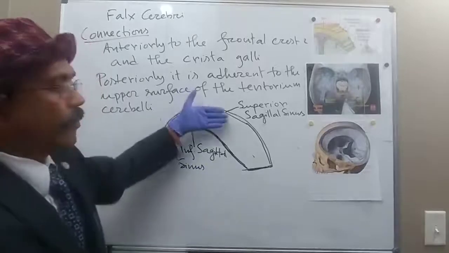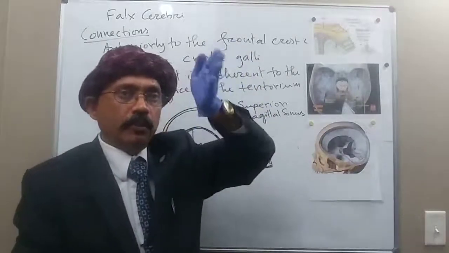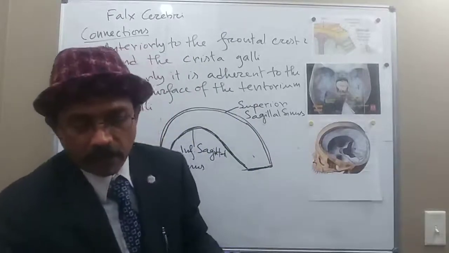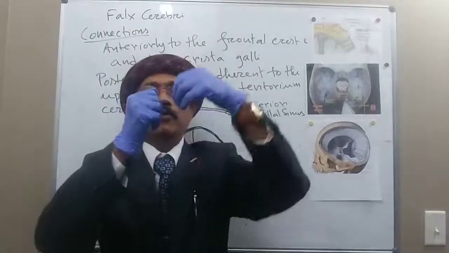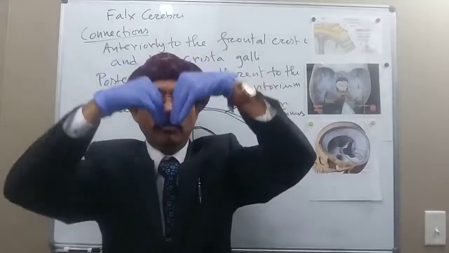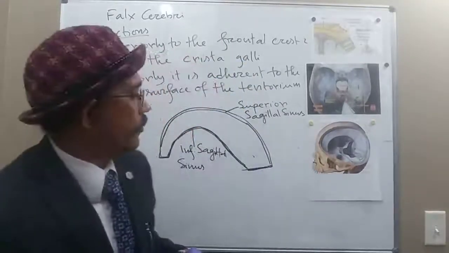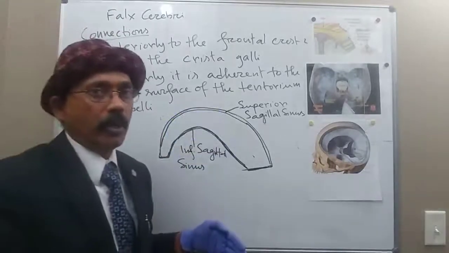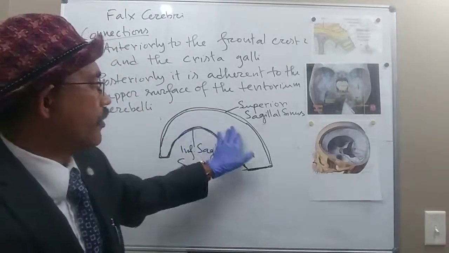And this Falx cerebri is going down between two cerebral hemispheres. If these two are cerebral hemispheres, Falx cerebri goes in between them longitudinally, separating them.